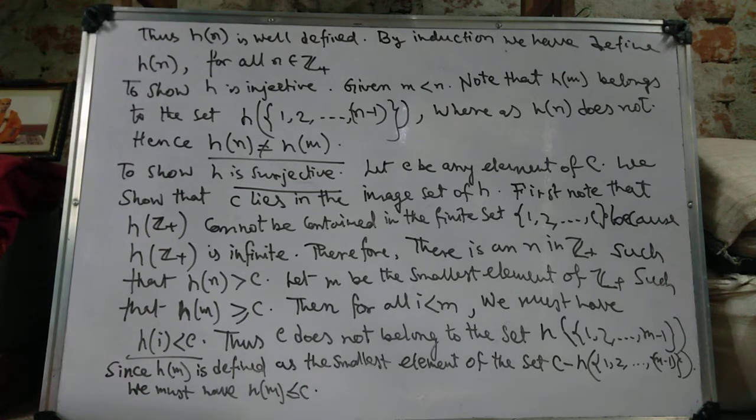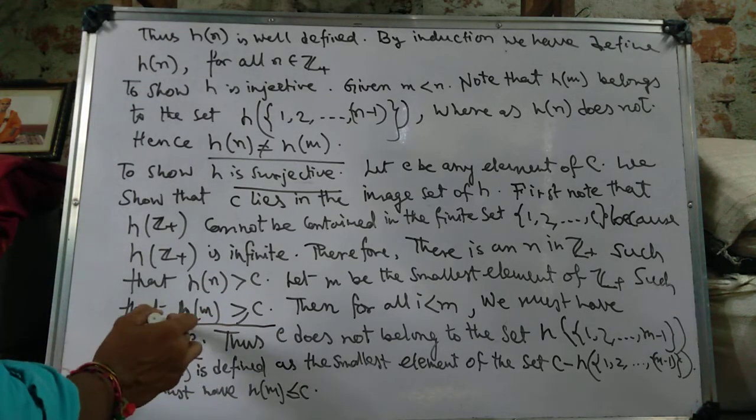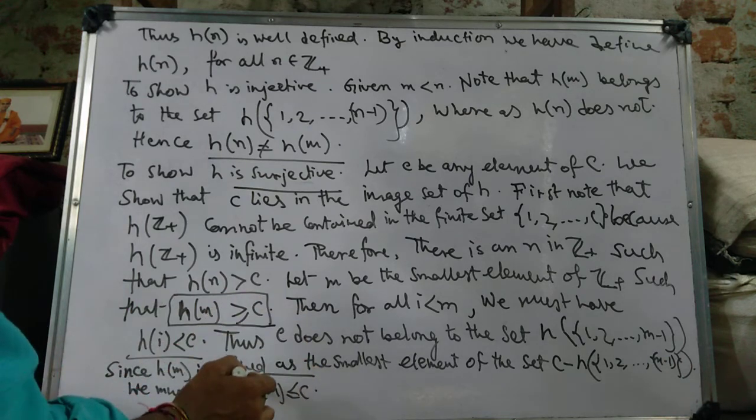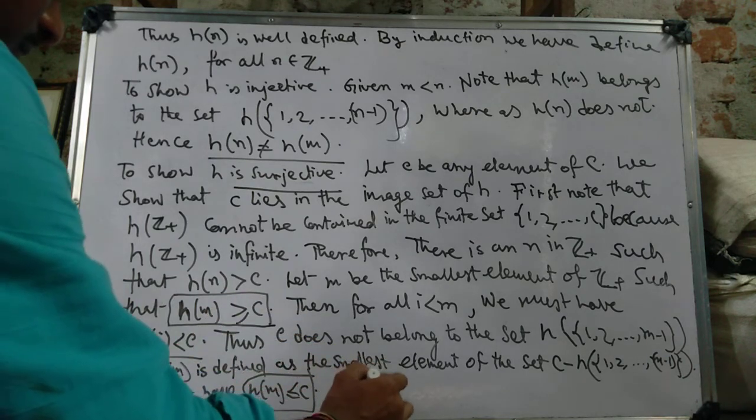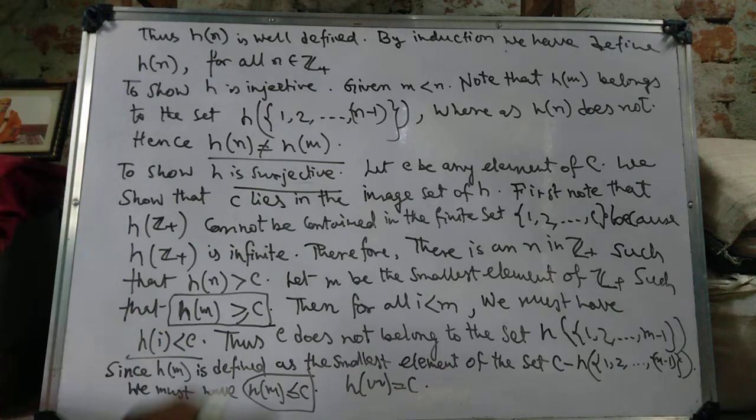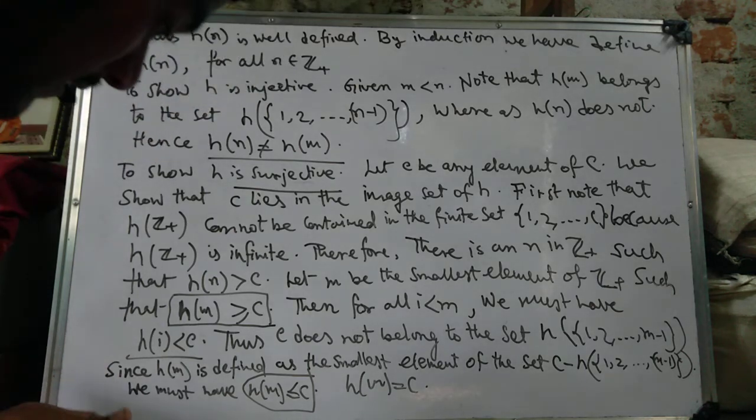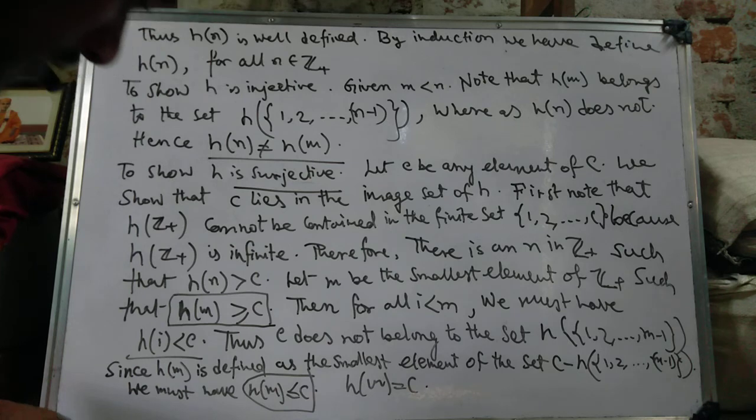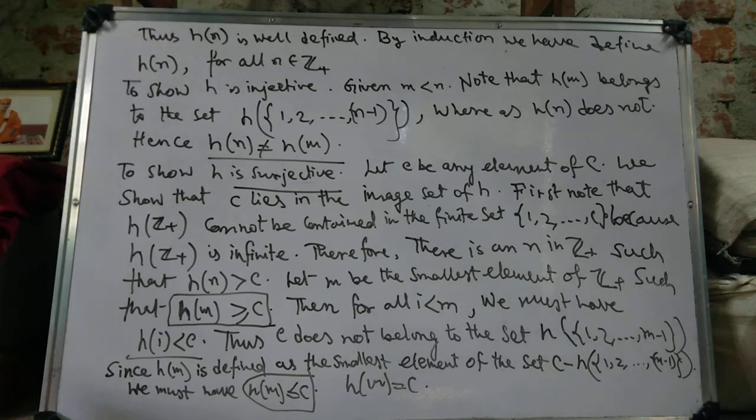So h(m) is less than or equal to c and greater than or equal to c, then h(m) equals c. So h is surjective. Then we have proved that if C is an infinite subset of Z⁺, then C is countably infinite. So today we stop here.